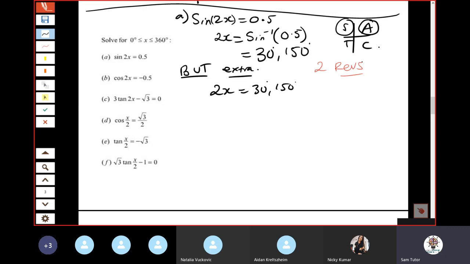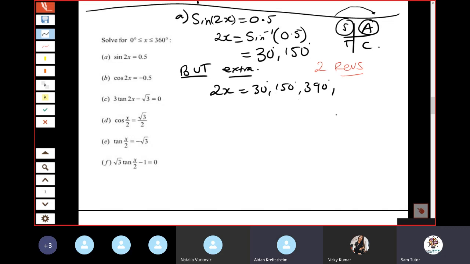So if it's another revolution, what must you do to your answer of 30 degrees? Do you add 720? No, you just add 360, sorry. So the 2 revolutions is there just because it's the first answer and then your second answer. So just add 360. 390. And you also add 360 to this guy.